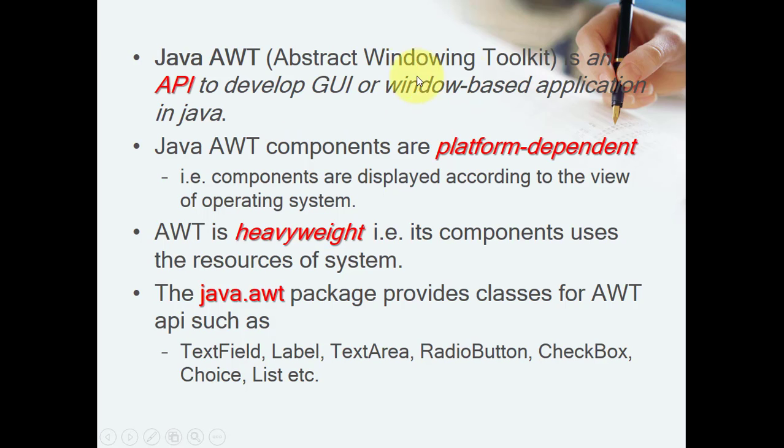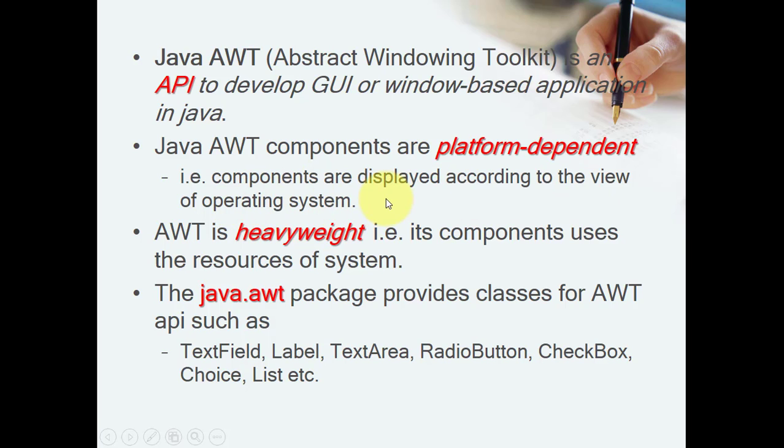Okay, so window based applications totally depend on your single machine and on that environment, that is operating system environment. So AWT API will help you to create the graphical user interface for the desktop level application. So this AWT API will not help you to create the web level components. Okay. So Java AWT components are platform dependent components, and components are displayed according to the view of the operating system.